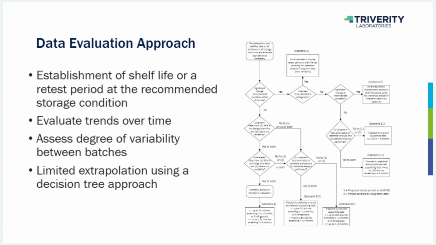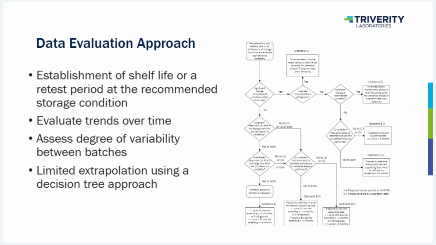And the decision tree here that I've got snipped on there, I know you can't read it, but you can pull it up in Q1. If you look at the first column, what it says in that first bubble at the top is you need to trend your data. The next one is, is there significant change at accelerated conditions? And we go down to the next one. Is there, in the long-term stability, little or no change over time? And is there little or no variability?